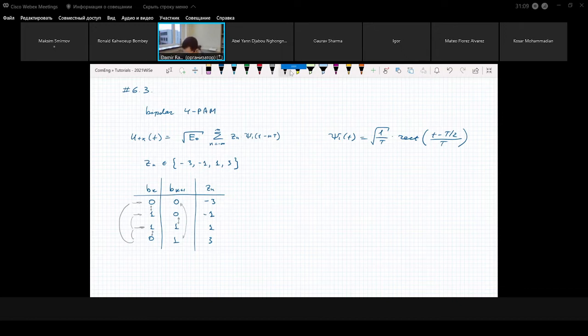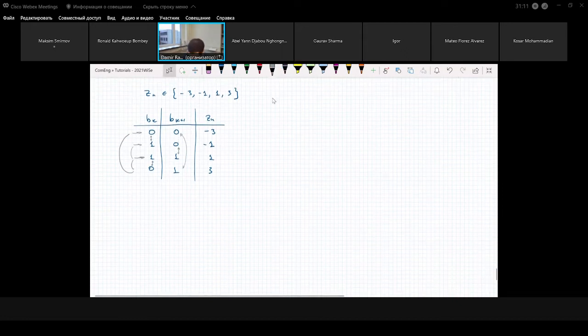And we have 4 different possible signals. So first of all, we need to make a sketch of the signals that we transmit, and then we can discuss what we need to do next. So let's do it.